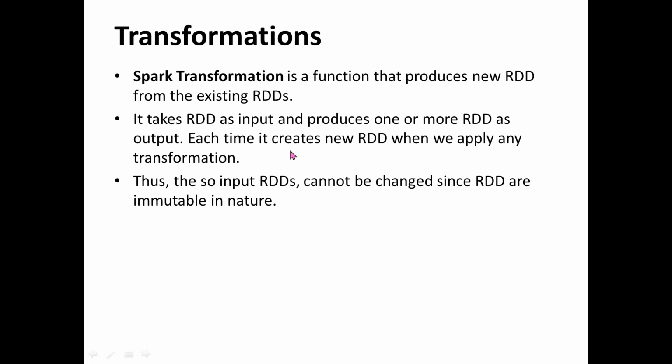That is the power of immutability. Since it's immutable, you cannot change an existing one, and that is the nature of immutability we understood, right? So if somebody asks how immutability works, this is the explanation.